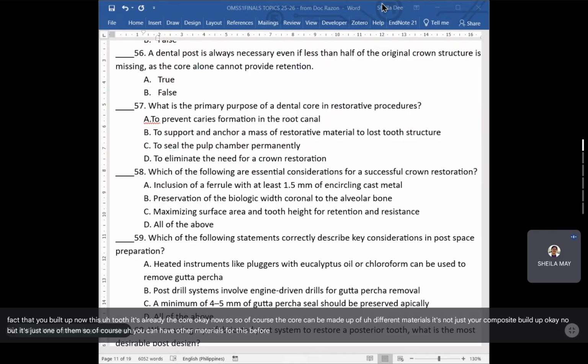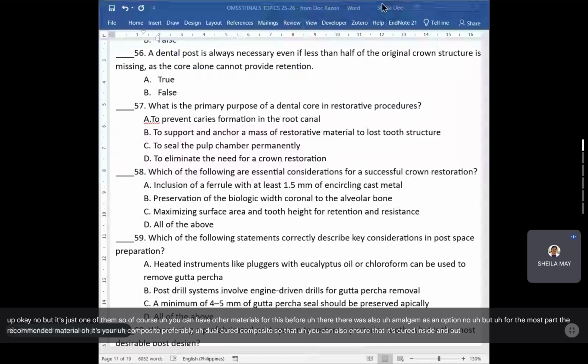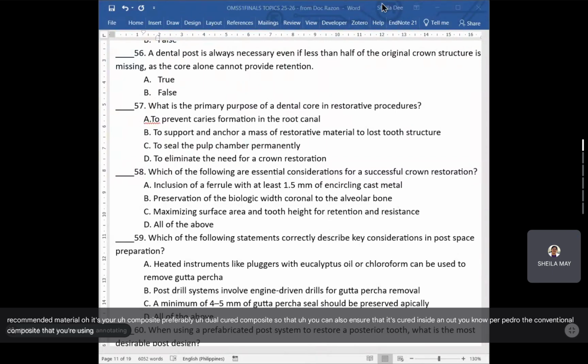Before, there was also amalgam as an option, but for the most part, the recommended material now is composite, preferably dual cured composite, so that you can ensure that it's cured inside and out. But the conventional composite that you're using is also possible.